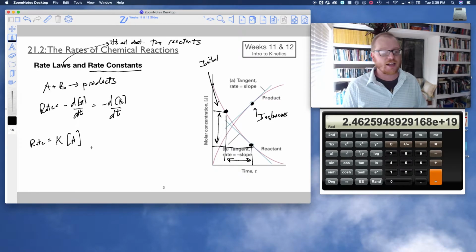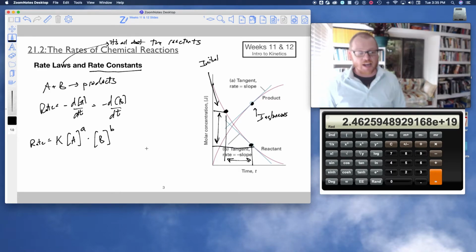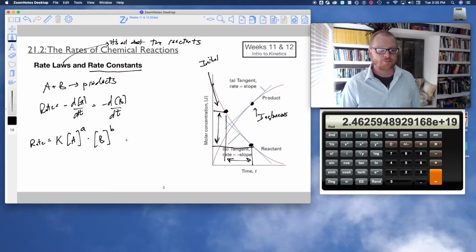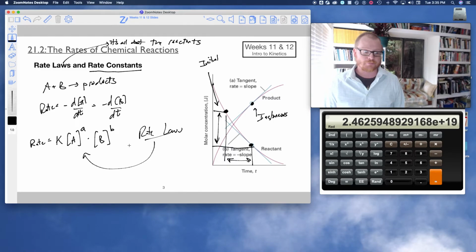So k times the concentration of A raised to some power that I'm going to talk about soon, times the concentration of B raised to some power. This is how we always set up a generic rate law. And if we had a third reactant, A plus B plus C, then I would also have a times the concentration of C raised to some power, okay?